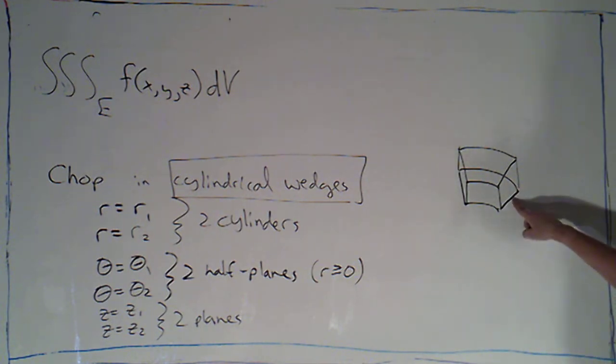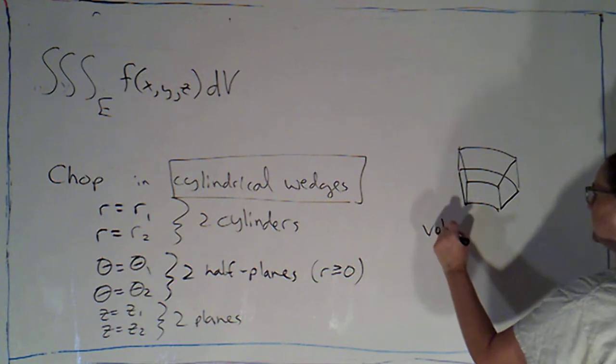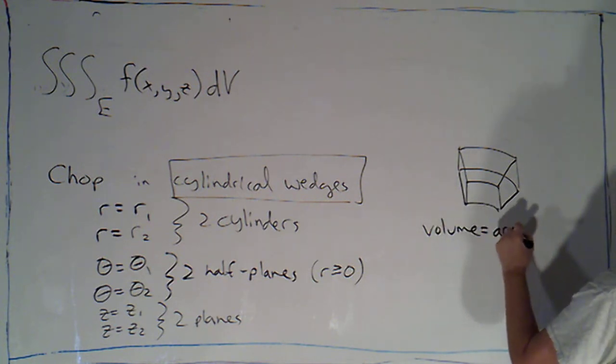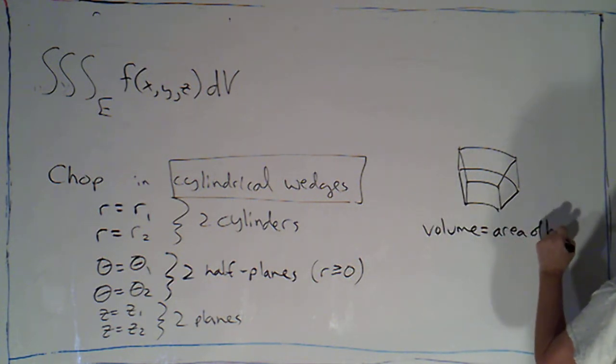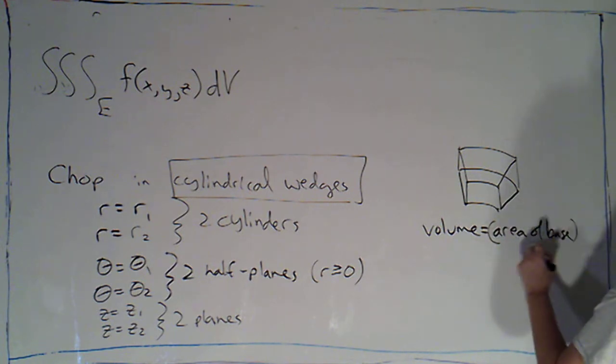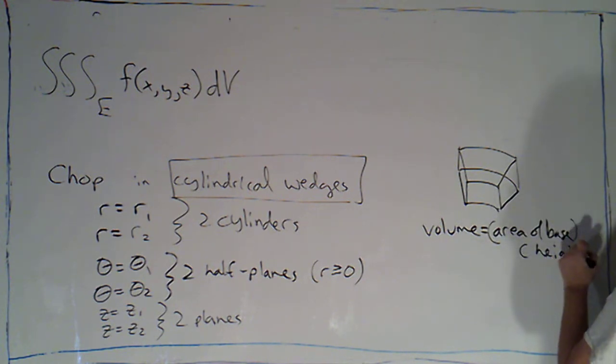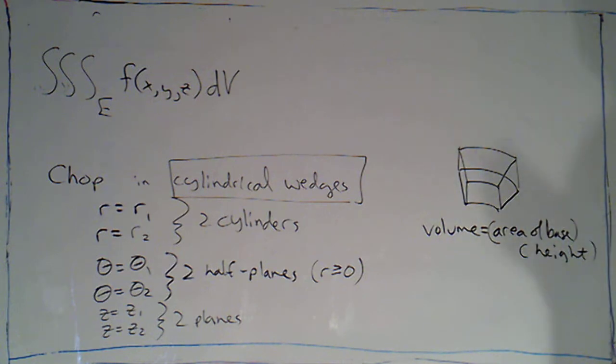Okay. So the volume of this is the area of the base times the height. But we figured out what the area of a polar rectangle is.